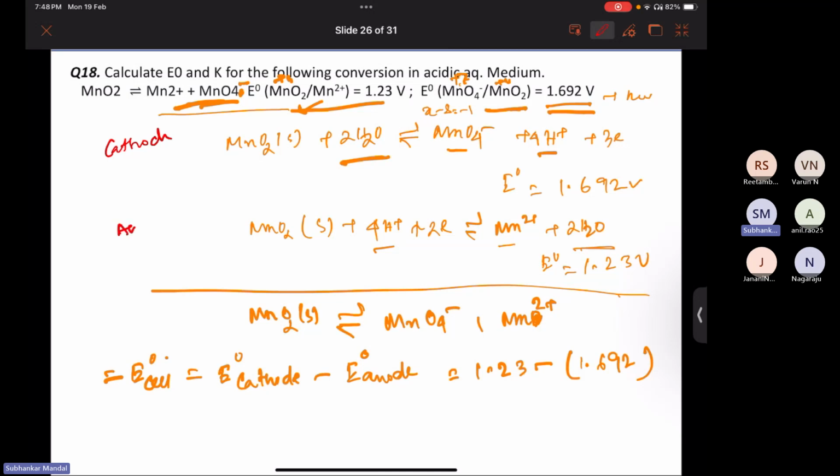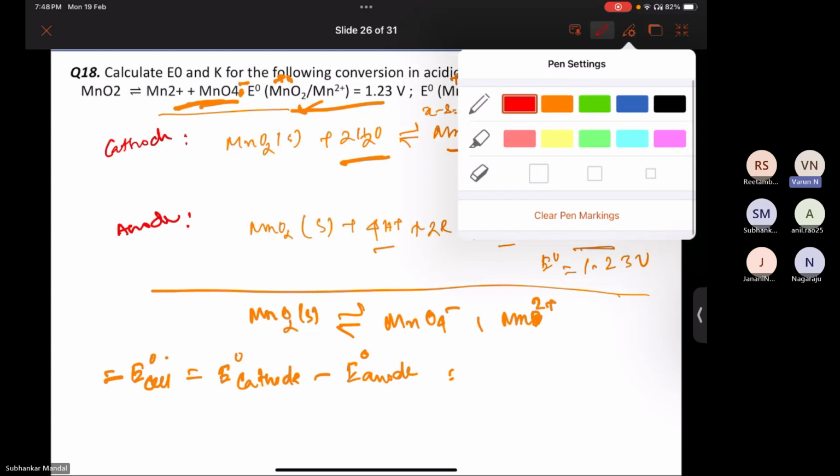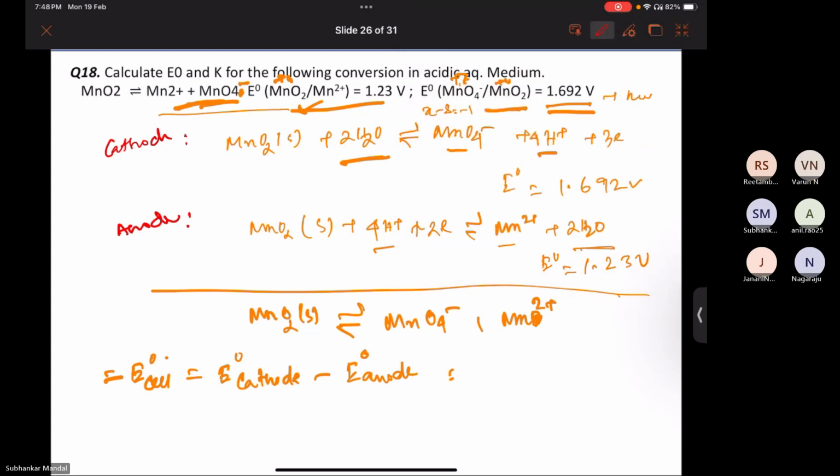So cathode minus anode: 1.692 minus 1.23 volt comes around 0.462. Yes, now it is correct.